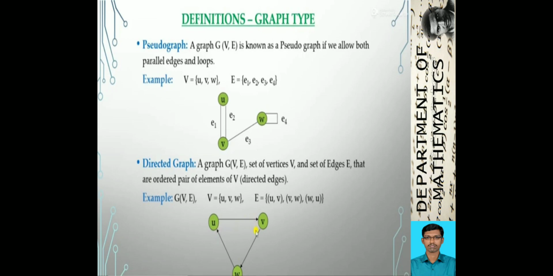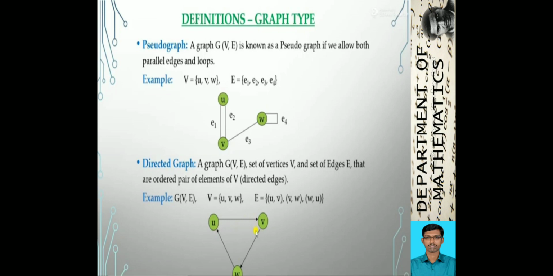Next one is the directed graph. What is a directed graph? A graph G has a set of vertices V and a set of edges E, which are ordered pairs of elements of V, meaning the edges have direction.